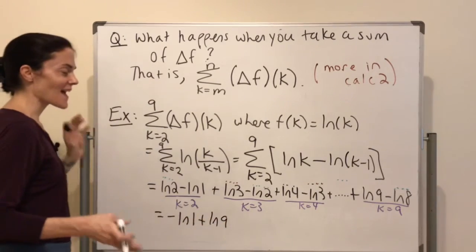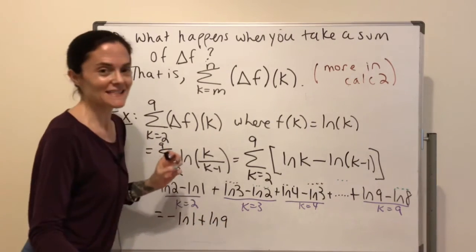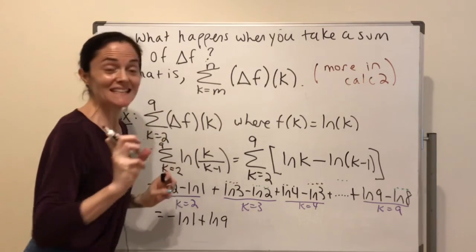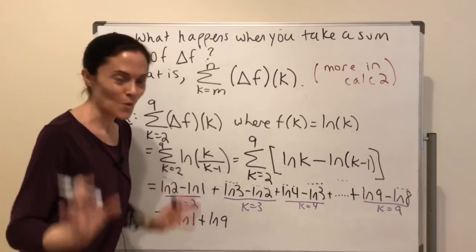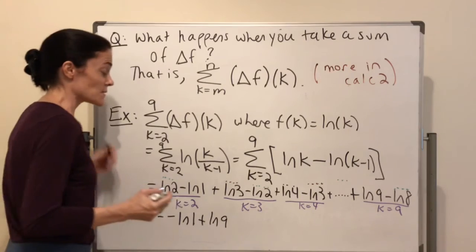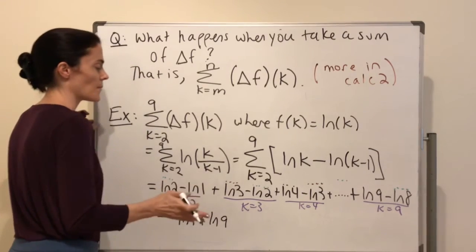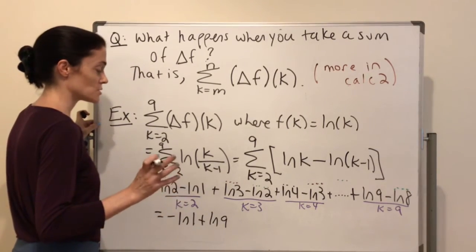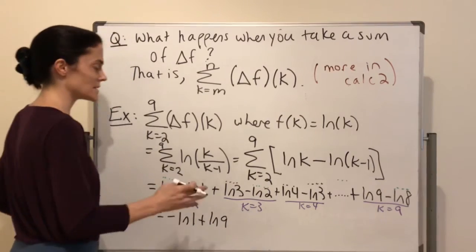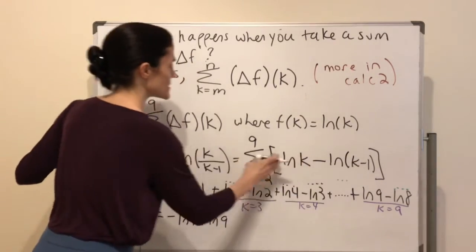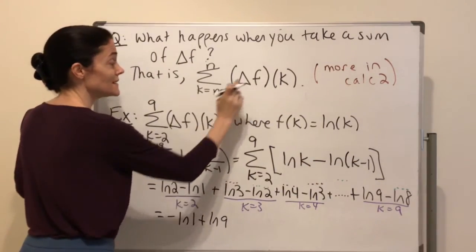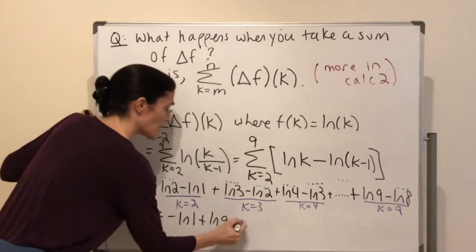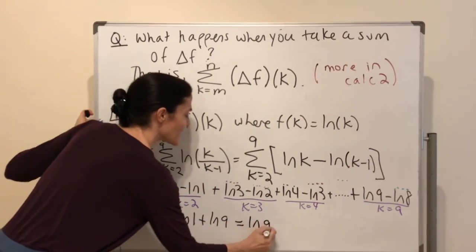And everything else had a mate, sort of coming from another index that it added to 0 with. And so you see, this sum was quite straightforward to calculate once we wrote it as a difference. So we wrote it as a delta f, and we got just ln 9.